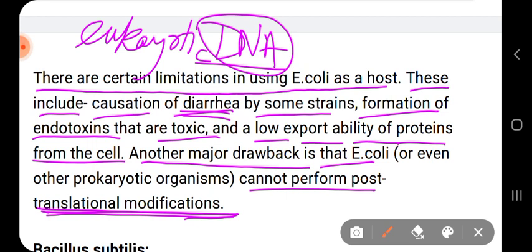That's the first problem. It can be overcome. How can it be overcome? If I take the RNA, then we can convert that RNA into DNA.